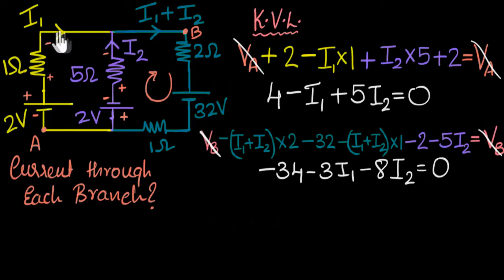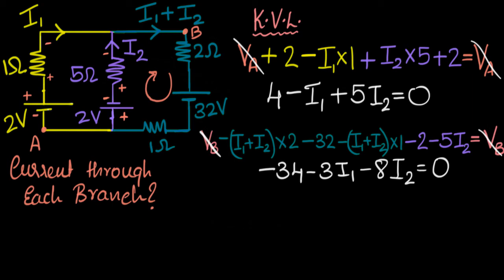And if you had chosen a different loop, like this big loop, you would have gotten a different equation, but eventually the final answer would have to turn out to be the same. Anyways, for our loop, this would be the equation. And if you've got something wrong, no worries. Just go back and check where the error was.